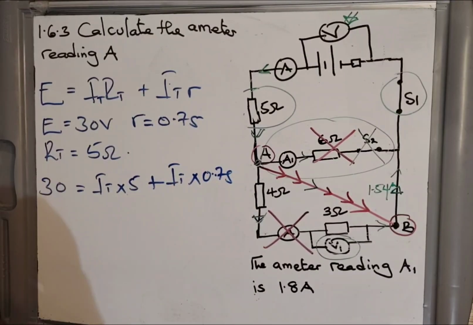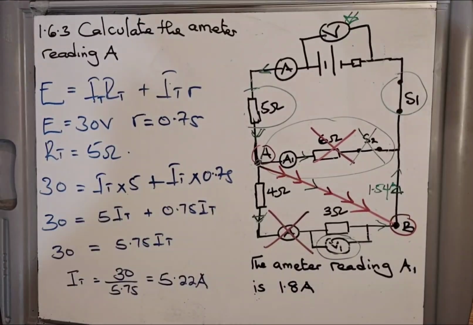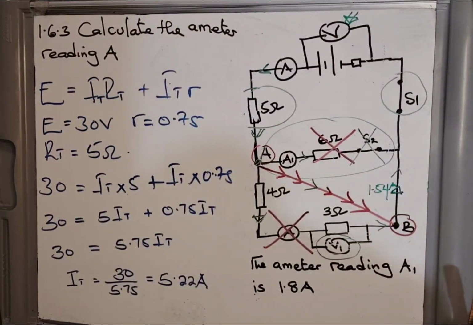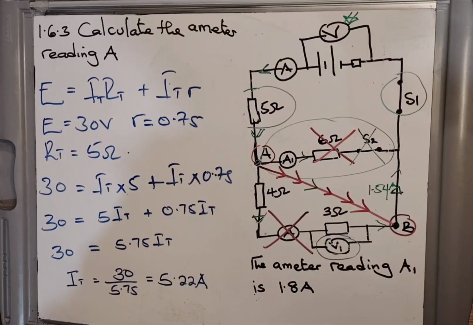So from here, we can proceed and compute the total current. After computing, we get our I total in this case as 5.22 ampere.